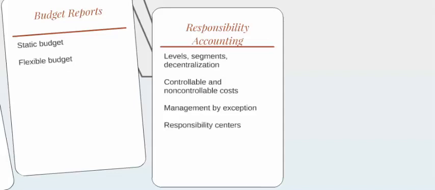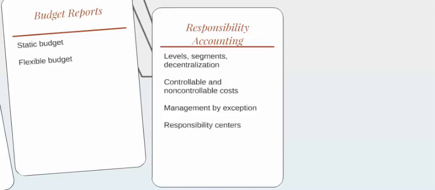And responsibility accounting, again, you can use that in terms of different levels. You can talk about it in segments. And a lot of times when you use that term segment, you talk about when you have operations that are decentralized. So instead of having maybe one corporate headquarters and they make all the decisions for the whole company, you've decentralized, and maybe you have regional headquarters, or you let your plants in each geographic segment or area decide things for themselves.